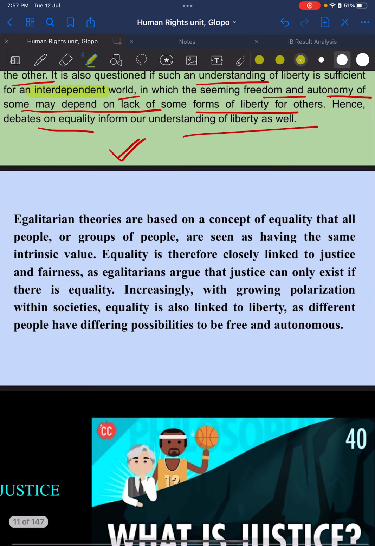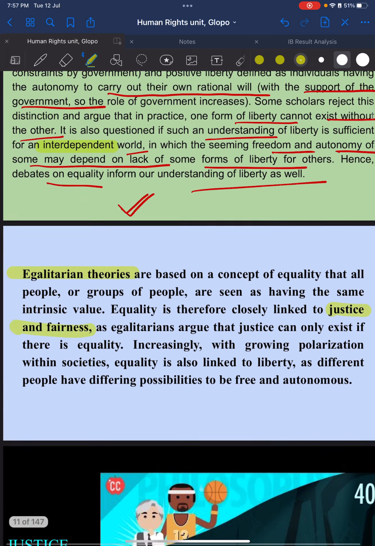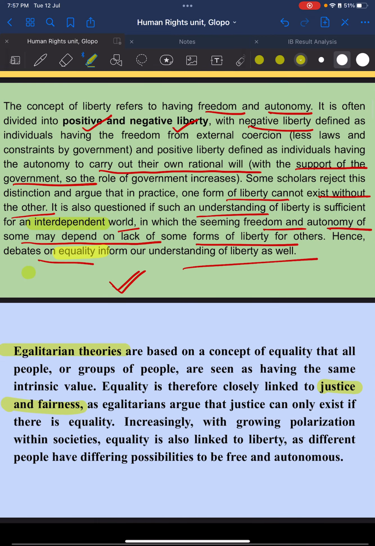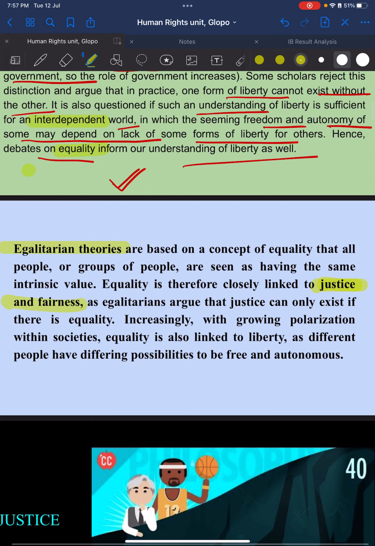Further to the concept of equality, egalitarian theories are based on a concept of equality that all people or groups of people are seen as having the same intrinsic value. Equality is therefore closely linked to justice and fairness. Now see, here you see the concept of equality, here you see the concept of justice and fairness, and if I include all these three concepts, liberty, equality and justice, you would see that this is nothing but the demand of human rights.